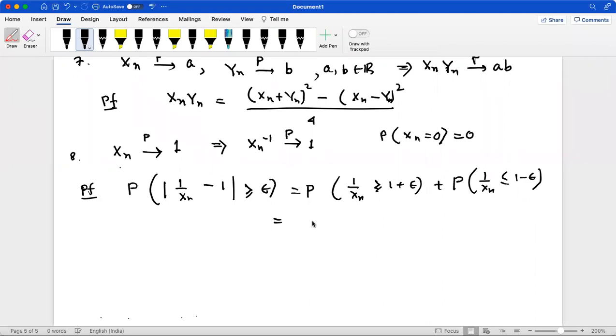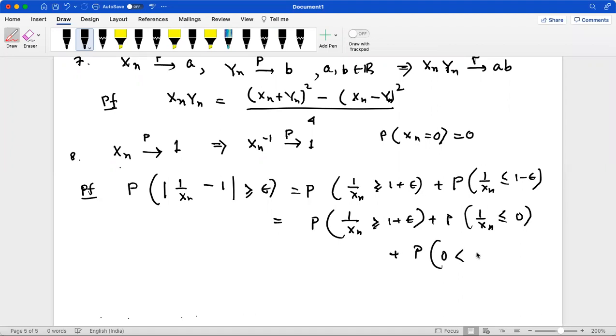Now the probability of 1 by xn getting 1 plus epsilon, plus the probability of 1 by xn. Now we choose epsilon small, so this is less than or equal to 0. Plus this other part.